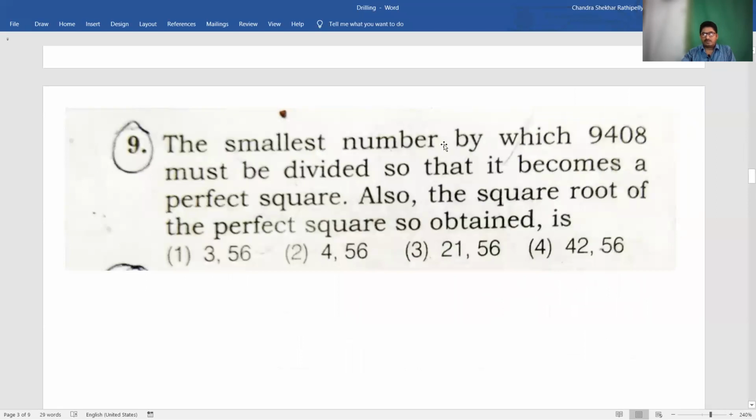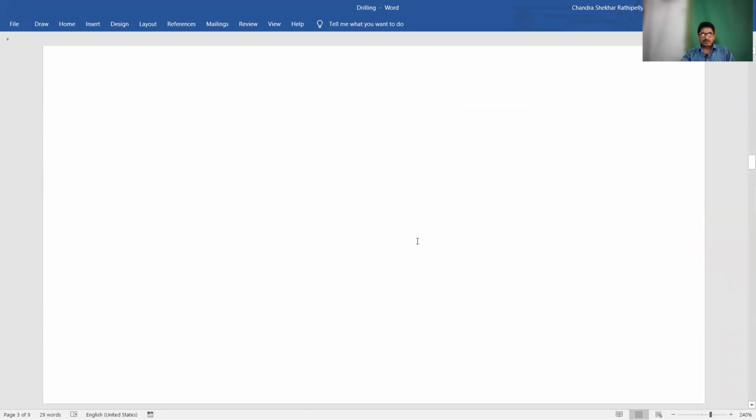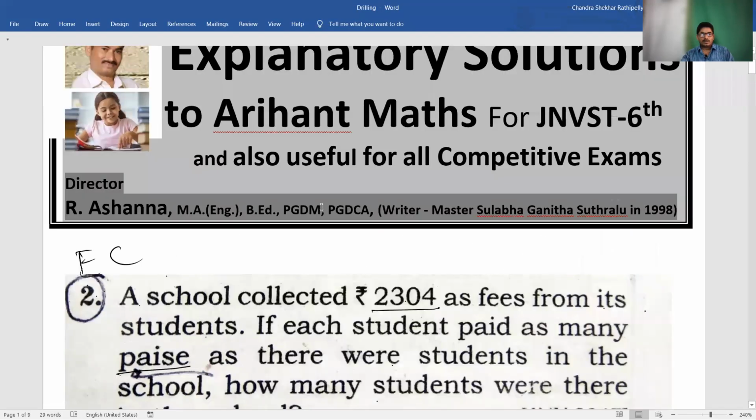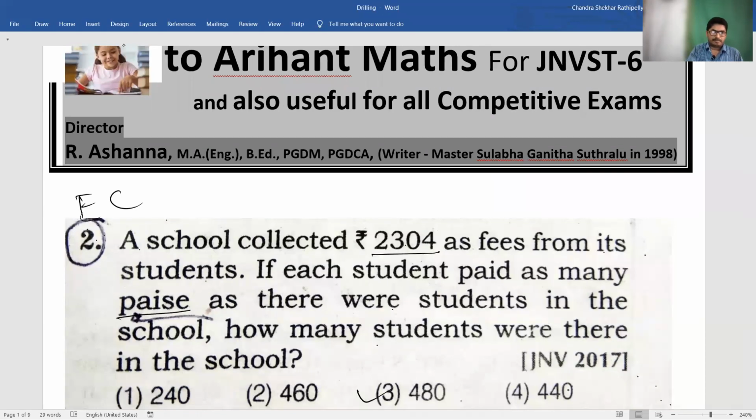Ninth problem: the smallest number by which 9,408 must be divided so that it becomes a perfect square. Also, the square root of the perfect square so obtained is. This question is easy.